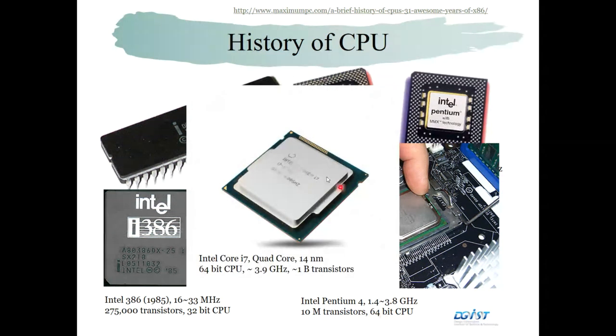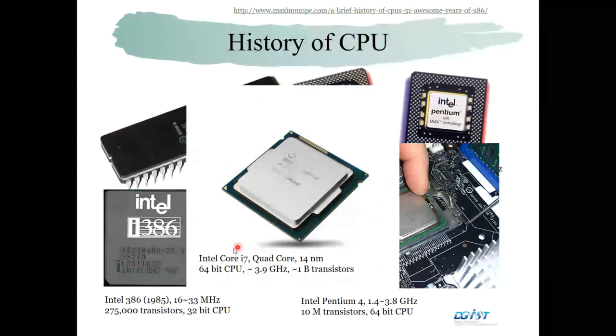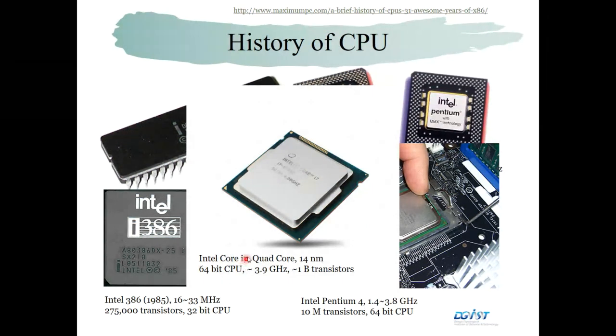And it's not a very cutting-edge CPU, but Intel's, for example, Intel's Core i7. I think I made this view graph a few years ago, so this is now old. But anyway, there are multiple cores in a single chip, and it is a 64-bit CPU, and the operating speed is 3 gigahertz, and the number of transistors is now more than billions.